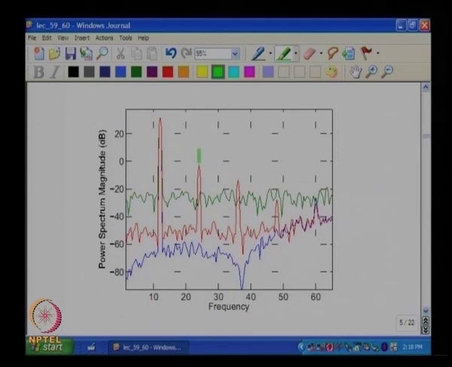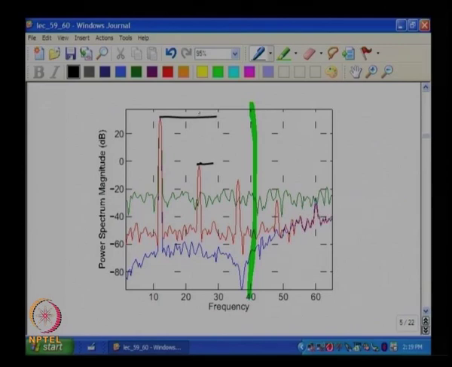And please note that since this is a log scale, if you find the SNDR in this signal band for instance, you will find that for the case where you do not do anything at all, you will be limited by distortion because this peak is on the average some 60 to 80 dB above the quantization noise floor, right.